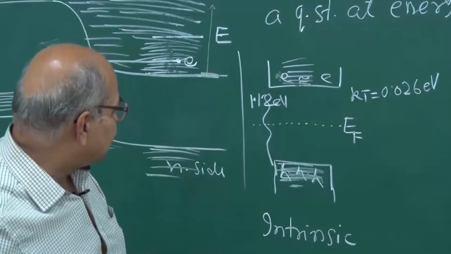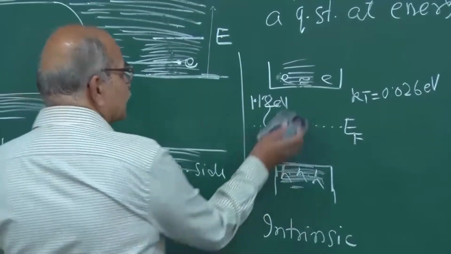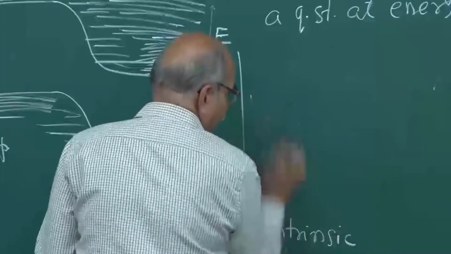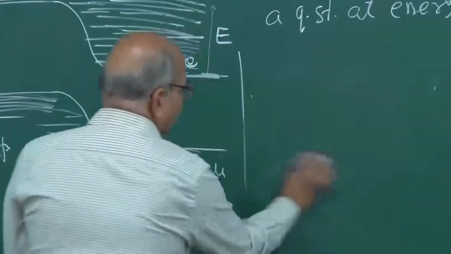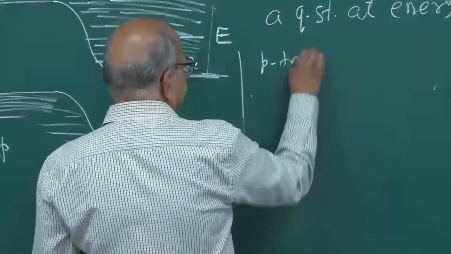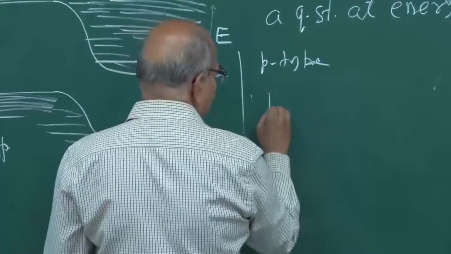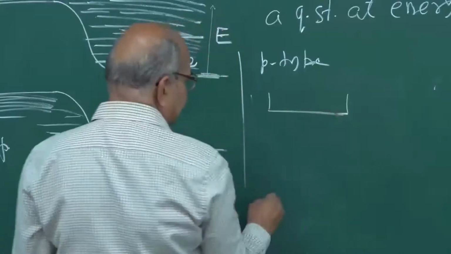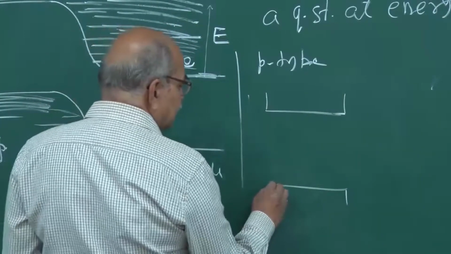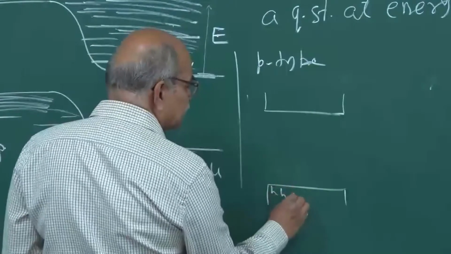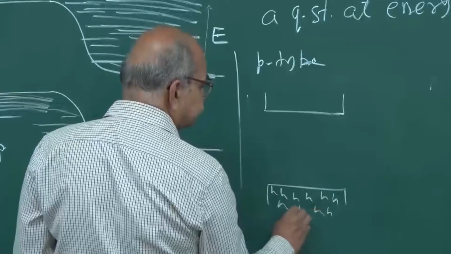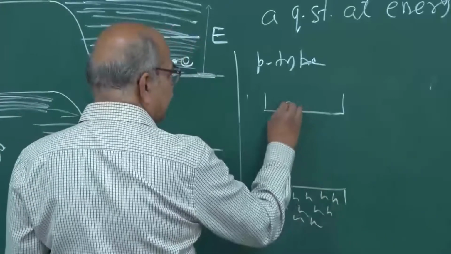And if you have a p-type semiconductor, what happens? If you have p-type semiconductor, you know, you have the conduction band here, and you have valence band here, and you have lot many holes. And few electrons.